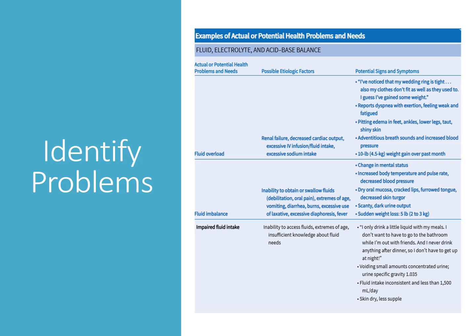They may have increased body temperature, and their pulse rate goes up and their blood pressure goes down. They may have dry oral mucous membranes, cracked lips, a furrowed tongue, or decreased skin turgor, like signs of dehydration. They may have scanty dark urine output and sudden weight loss. Those are all signs of dehydration, and then severe.